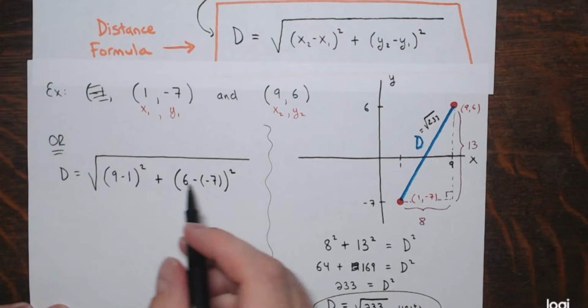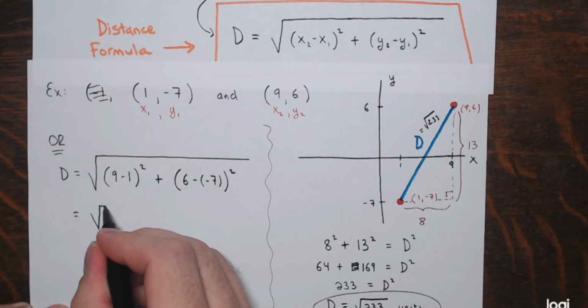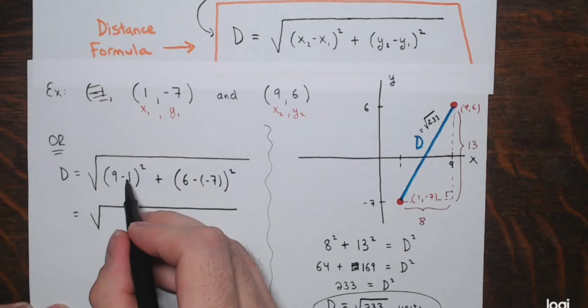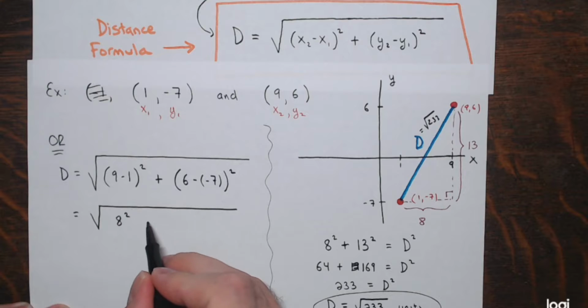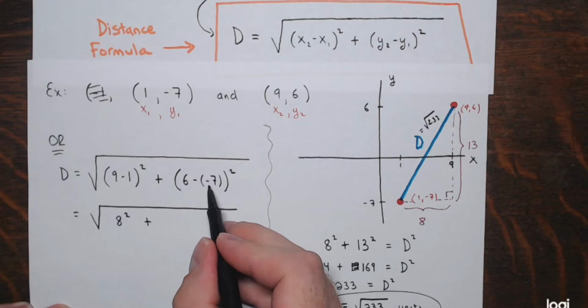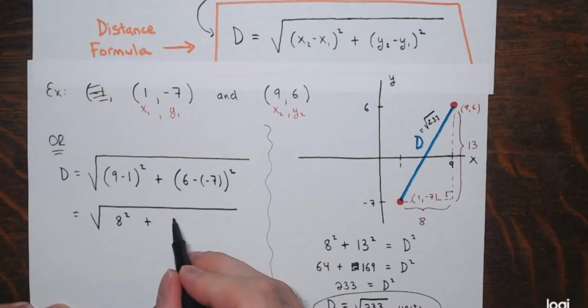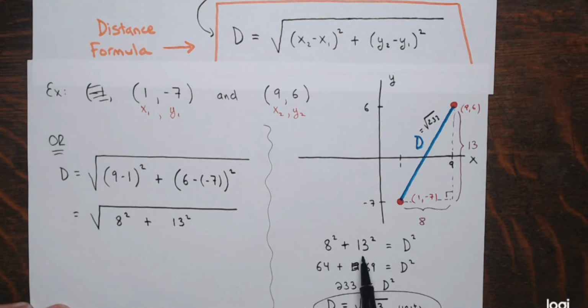Then we simplify what's inside. Now 9 minus 1 is 8, so it's 8 squared plus 6 minus -7, which is 6 plus 7, that's 13. And I get exactly the same thing I had over here: the square root of 64 plus 169, which is 233. It's exactly the same.